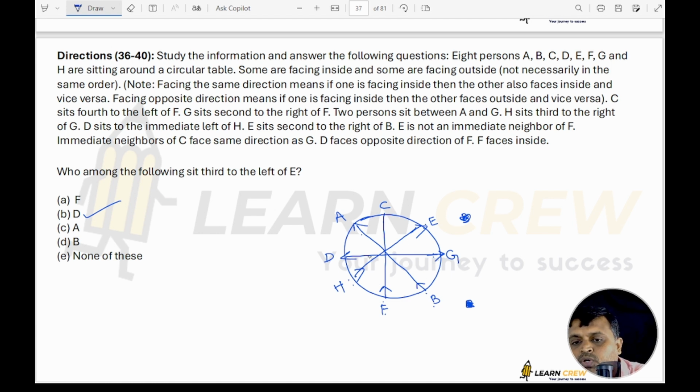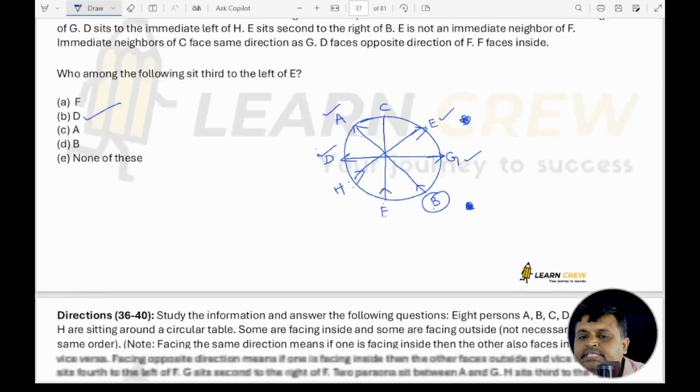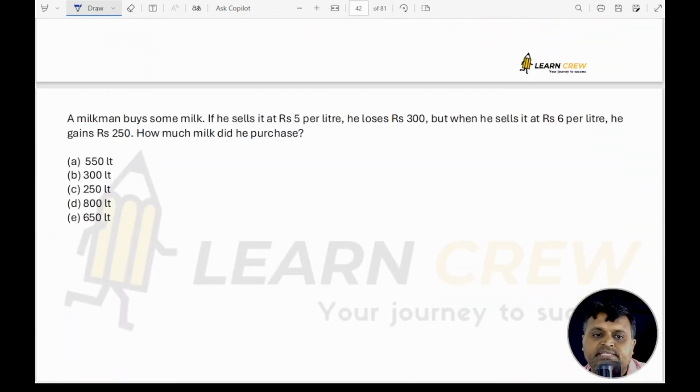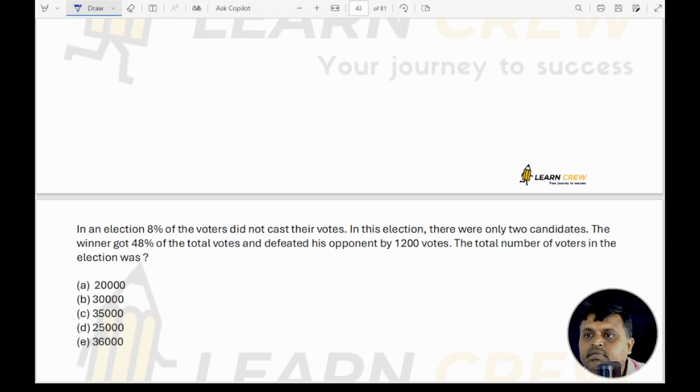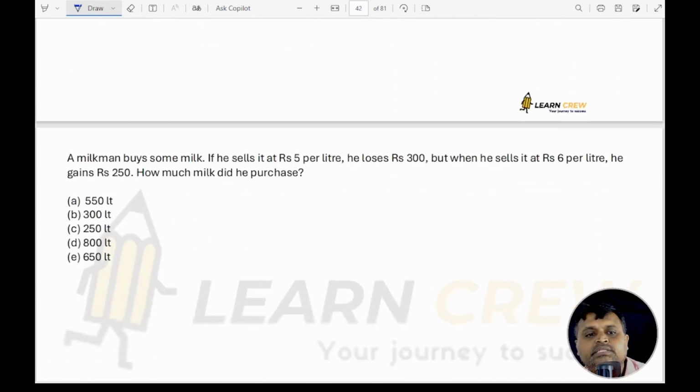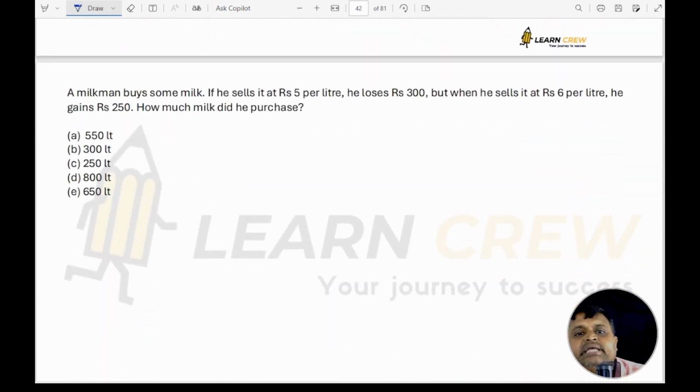A, D, E, G are facing outside. B is facing inside, so B is different. The answer is B.